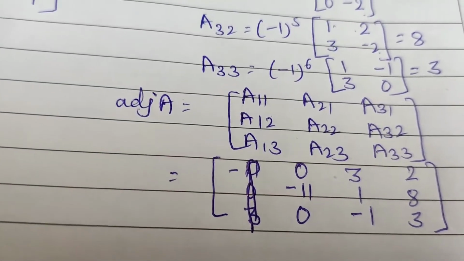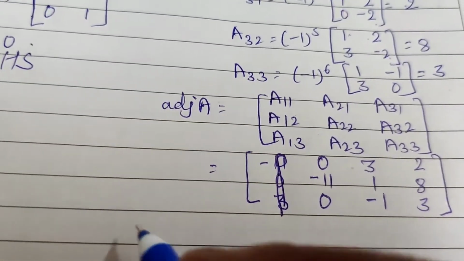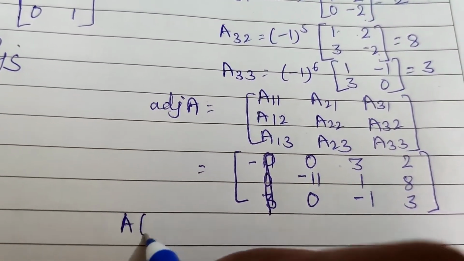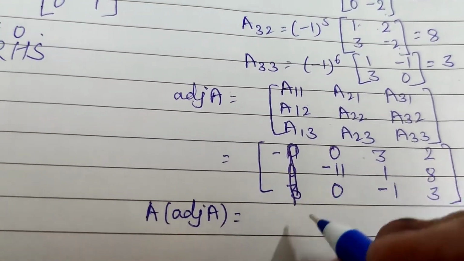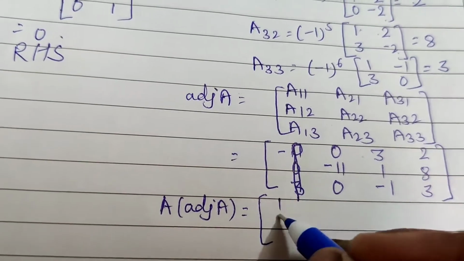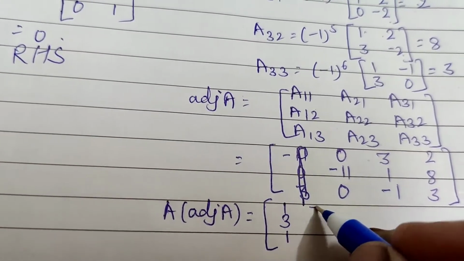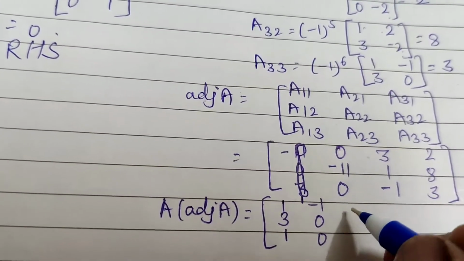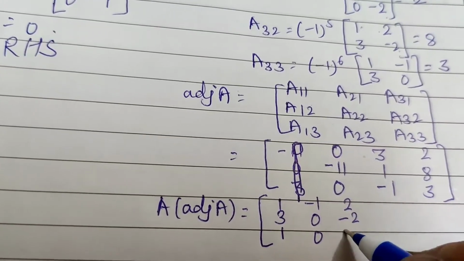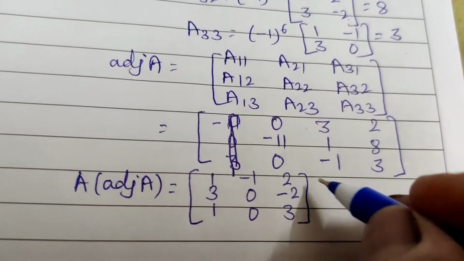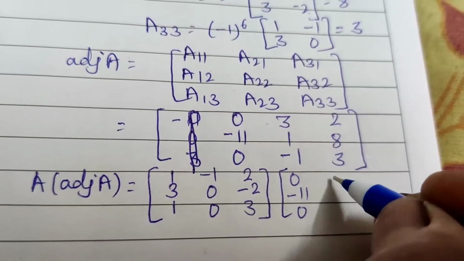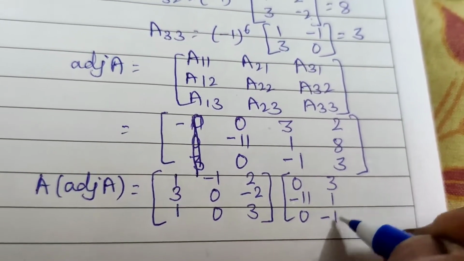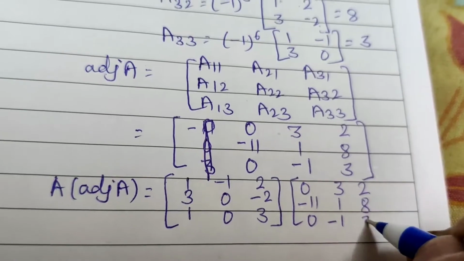Now multiply A into adjoint A. A multiplied to adjoint of A. A is 1 3 1, minus 1 0 0, 2 minus 2 3, and 0 3 1 minus 1 2 8 3.